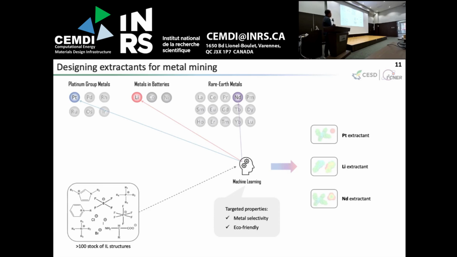And we made a bit of an ambitious target: we want to find suitable extractants for every metal in the periodic table. As a proof of concept, we chose three metals: platinum, lithium, and neodymium. We wanted our machine learning model to select the most suitable extractant out of these candidates for each of these three metals, based on properties like selectivity and also eco-friendliness.